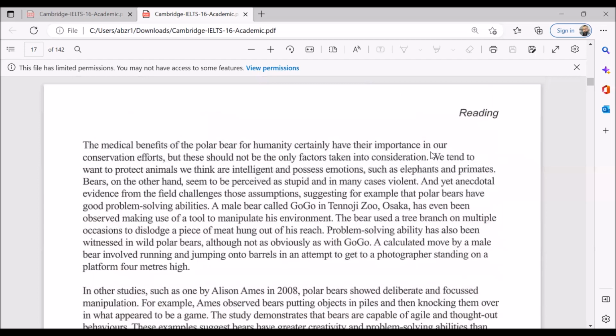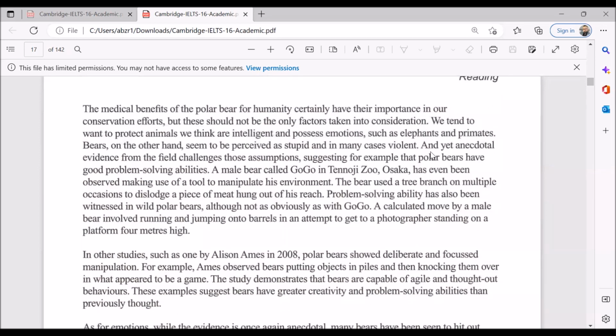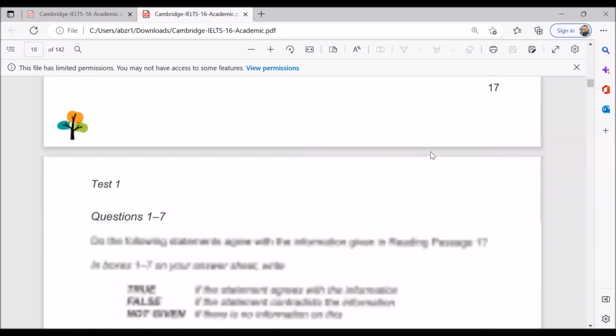And now the statement says the bear has even been observed making use of a tool to manipulate his environment. The bear used a tree branch on multiple occasions to dislodge a piece of meat, to move or to knock down or to get control of the meat hung out of his reach, which was earlier out of his reach. Now, this is the perfect answer: meat.